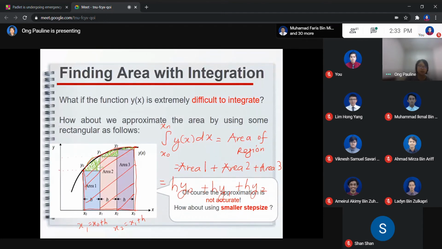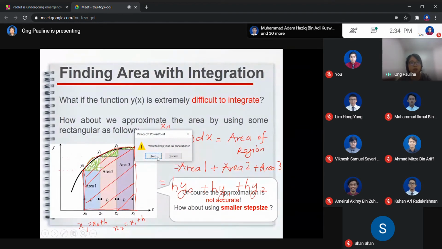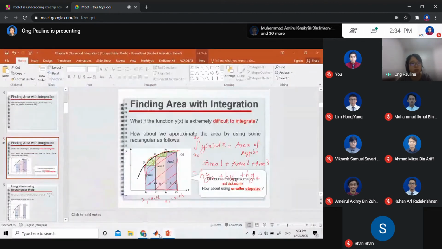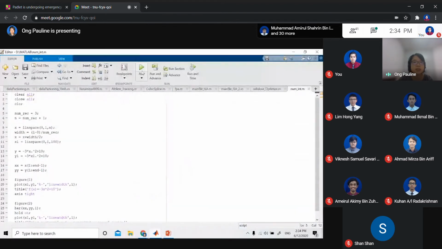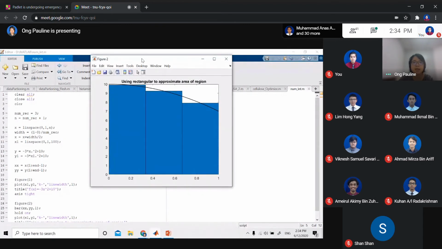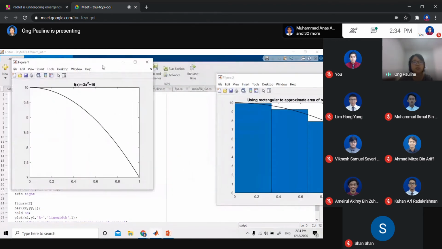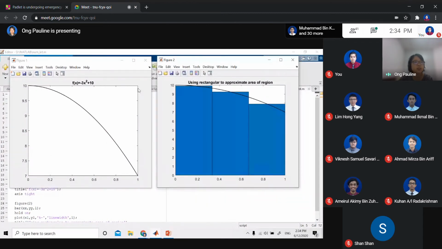I will show you that if we make use of a smaller step size, the approximate answer that we get will look better. So let us look at the simulation here. Let's say I want to integrate the function negative 3x squared plus 10 from 0 to 1.